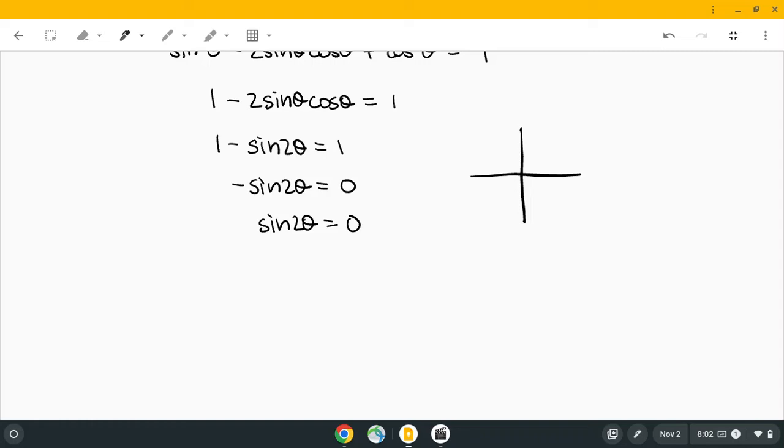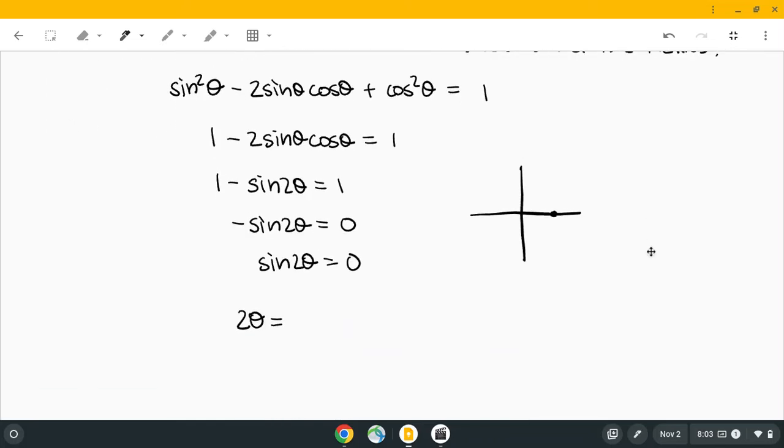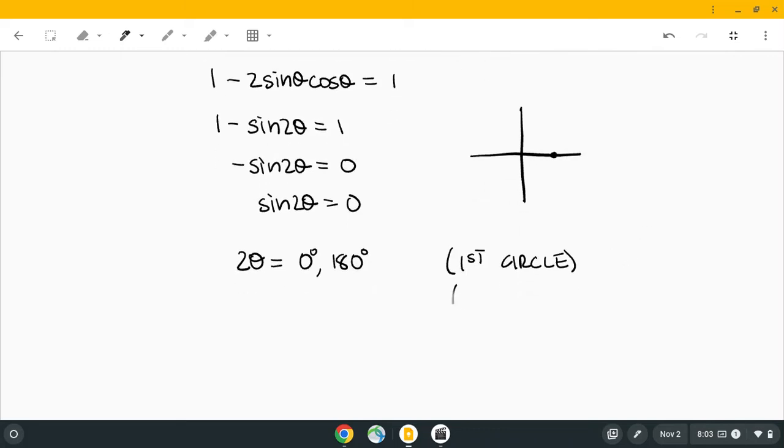So that happens here, 0 degrees. Are we in degree mode? We are in degree mode. Okay, so at 0 degrees and at 180 degrees. Okay, this is my first circle. My second circle, we need 2 circles of answers because we are 2 theta. So 0 plus 360 is 360.